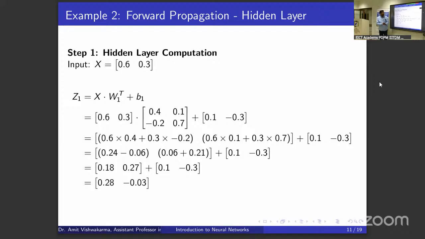If we do all the computation, 0.6, 0.4, 0.3, minus 0.